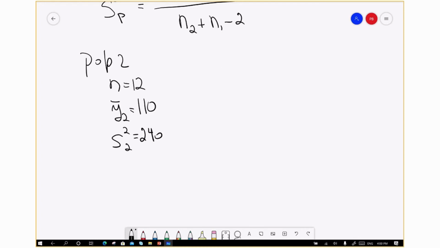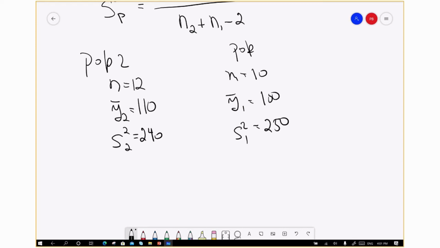And for our first population, n was equal to 10. Our estimate of the mean was equal to 100, and our variance estimate was equal to 250.